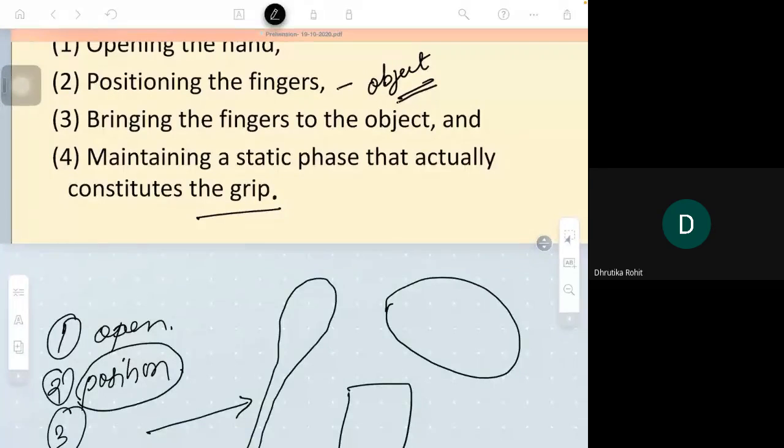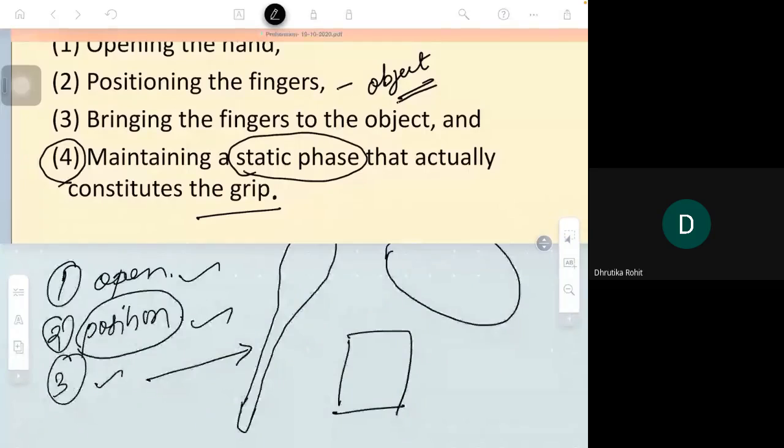Clear? So this last phase is called the static phase. Once the object is grasped, the finger position will not change. Again, I'll repeat. Once the object is grasped, the position of the fingers will not be changed. But in the first, second, and third phases, it is called the dynamic phase.